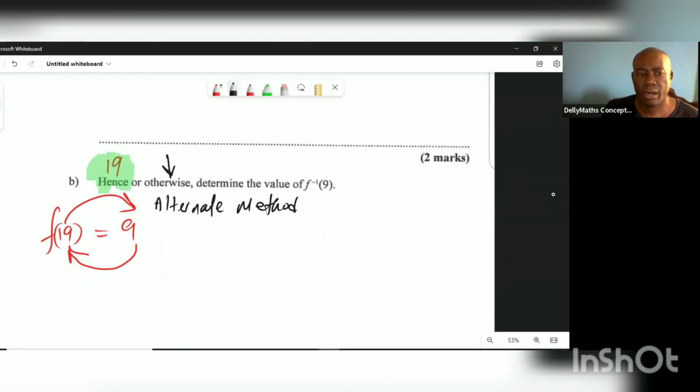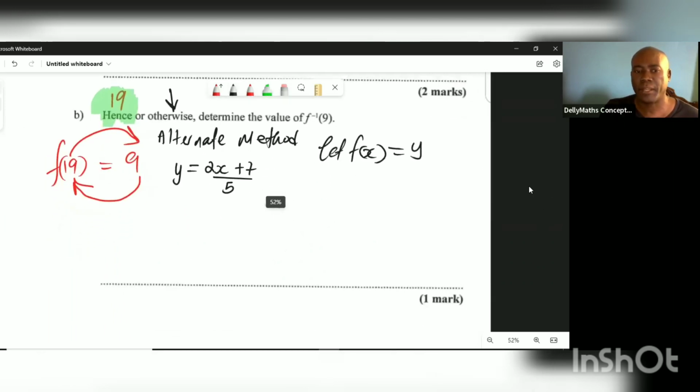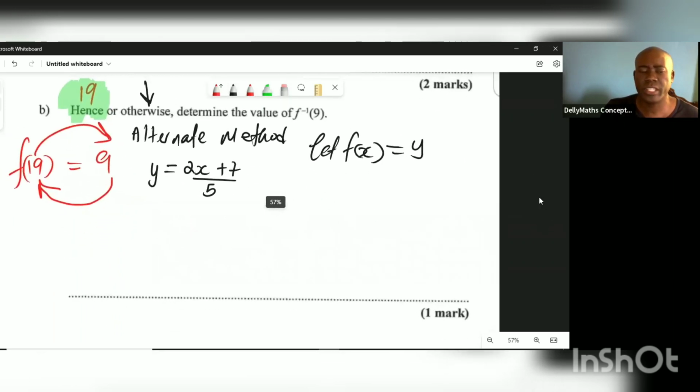Let us start. I'll start by saying y is equal to, so f of x is equal to y. So y is equal to 2x plus 7 over 5. That's me letting f of x equal y. Whenever we're doing an inverse, we're going to switch x and y.